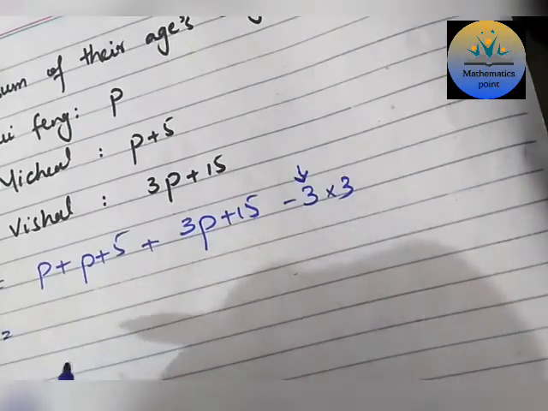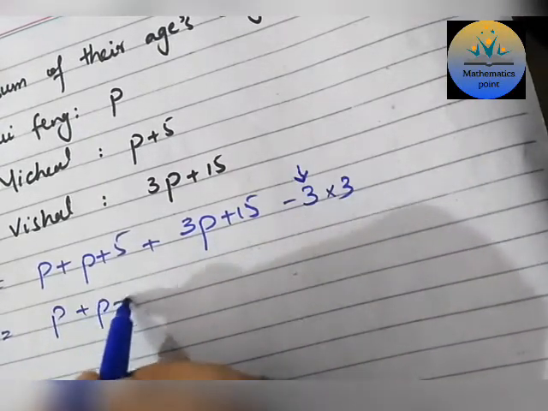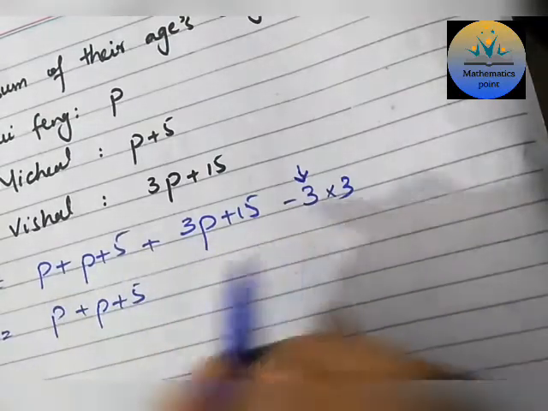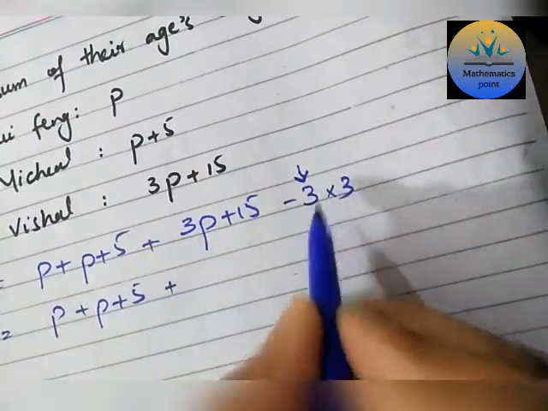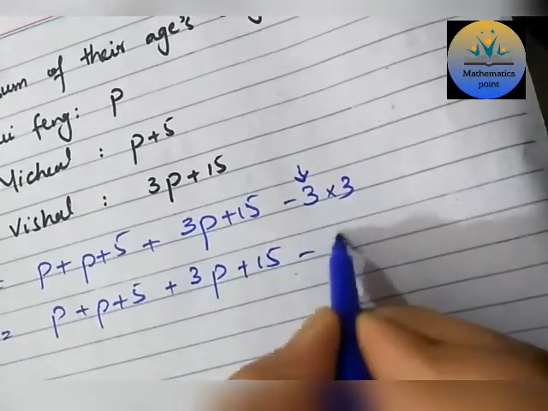So you solve the question: p plus 5. I just write this statement as well, because firstly I will solve these 2 terms. 3p plus 15 minus 3 times 3 is 9.